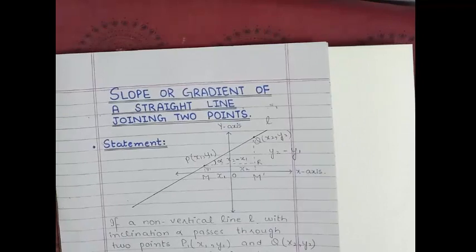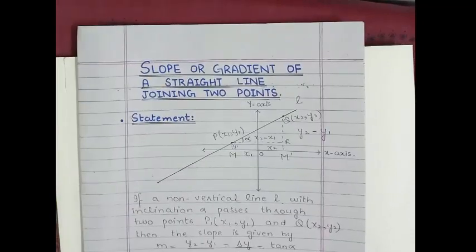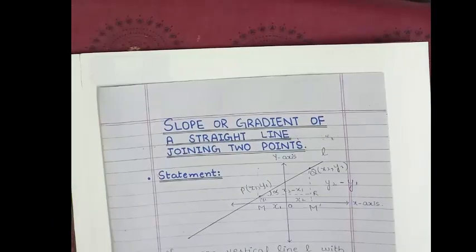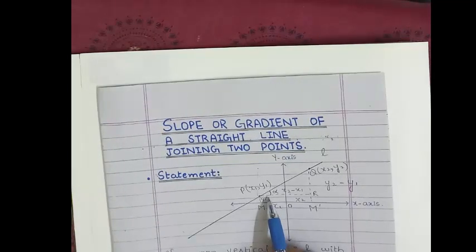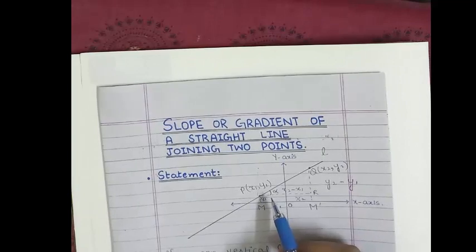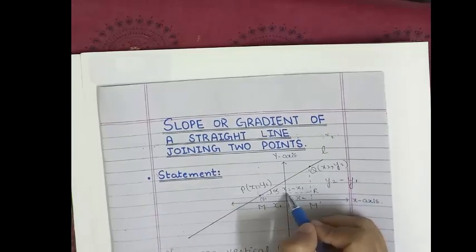Now see, there are two cases, and in both the cases we will prove the same thing, that m is equal to y2 minus y1 over x2 minus x1. This is angle alpha. We have to check the two cases and we will prove in both cases the answer of the slope is the same.